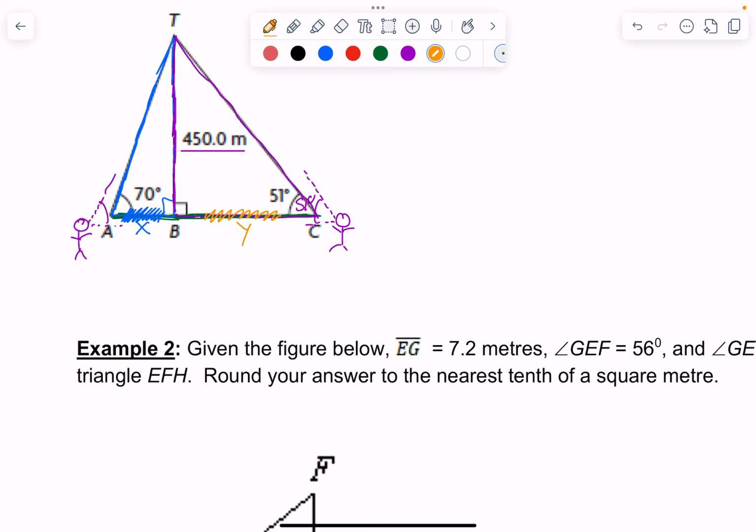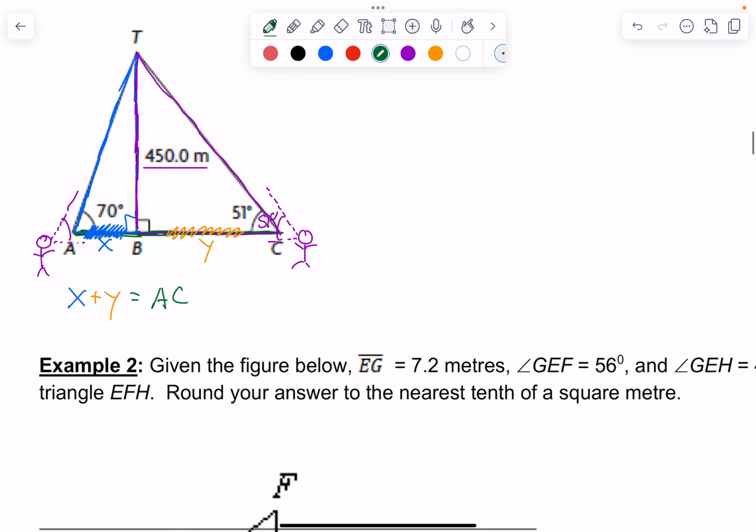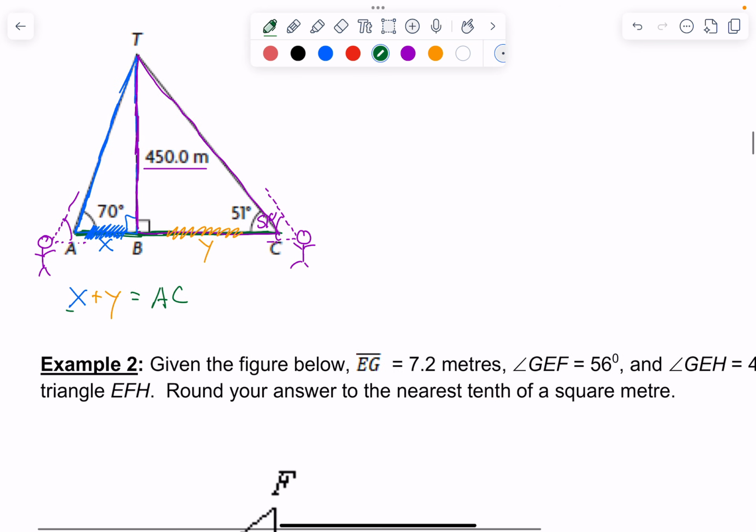So if I take x and I add y, I would get my total side length AC. And that's our strategy right now. We are going to be looking for these two values to eventually add them up and get our total side length right here.